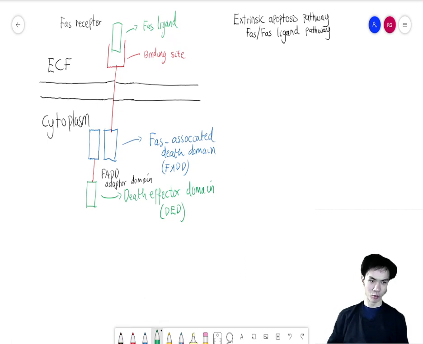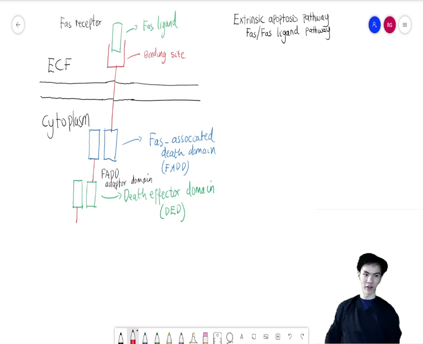And we are going to have our death effector domain dimerize with another death effector domain, another dead domain here. And this dead domain will be a death effector domain attached to a pro-caspase. The two pro-caspases that can be directly activated by your Fas receptor are going to be your pro-caspase 8 and your pro-caspase 10.